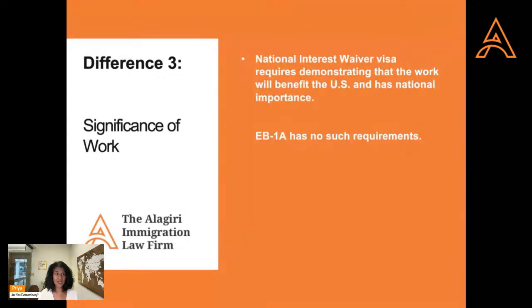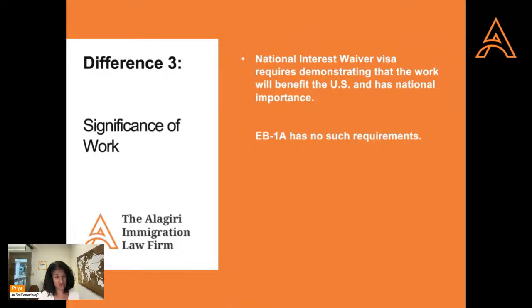The EB1A has no such requirements. You don't have to show that your work benefits the U.S. at all. There's no importance. However, for both of them, you do have to demonstrate that you have the qualifications to qualify. So they both require achievements.